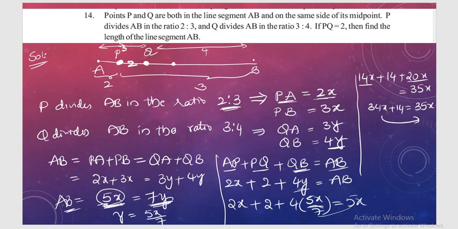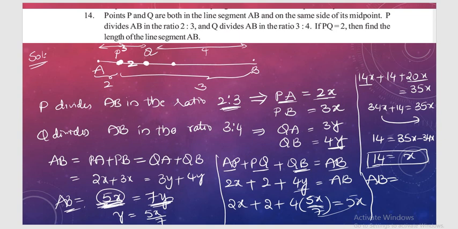If I transpose 34x, 14 is equal to 35x minus 34x, which is nothing but x. So the value of x is 14. So clearly what I need to find is AB.